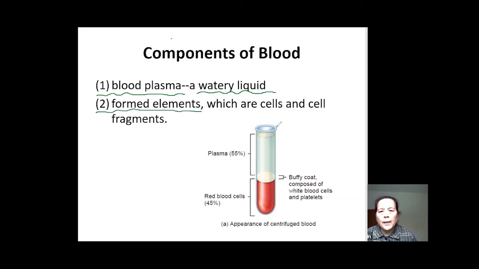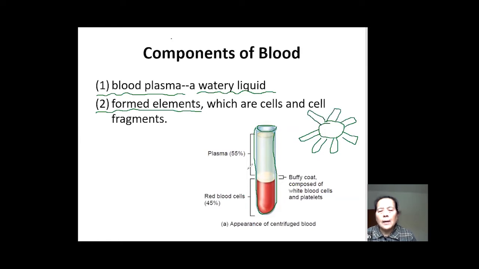We take some people's blood into a tube and put it in a special machine, a centrifuge, spinning it at high speed.